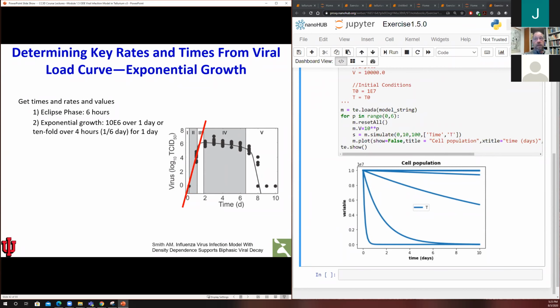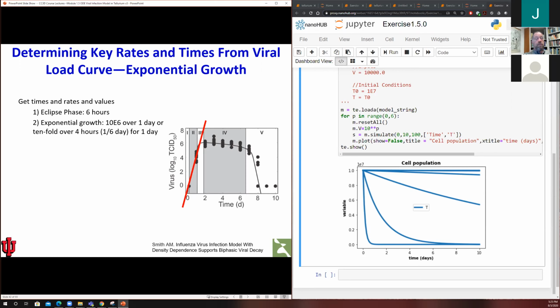There's second, an exponential growth phase. In flu, that lasts about a day to 2 days. And what we'll notice is that during that period, the amount of virus in TCID goes from 0 to 6. That is, the amount of virus increases by a factor of 1,000,000 over about a day and a half, or a little bit faster, which means that the virus increases about 10-fold every 4 hours, or, since we're measuring time in days, 10-fold every 1/6 of a day.